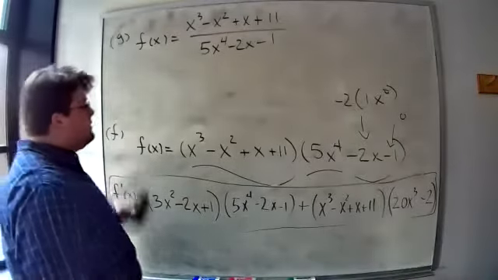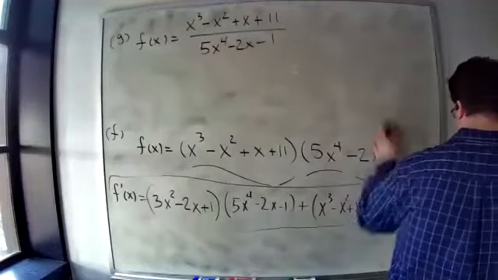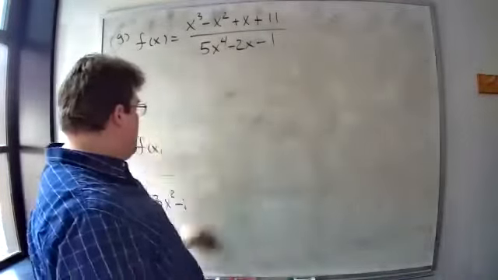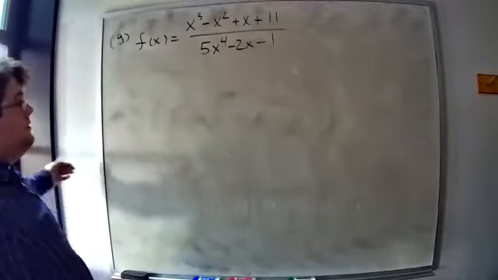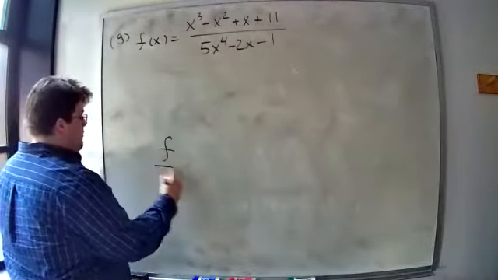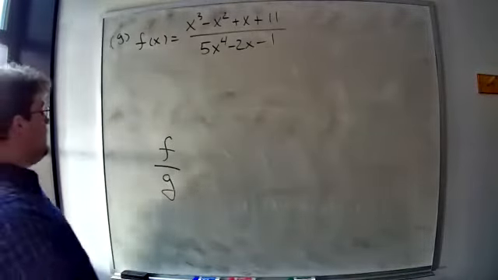Okay, part G, same function, except we're writing it as a quotient instead of a product. And just like products, we can't do the derivative of a quotient one piece at a time. Derivative of a quotient has its own rule when the denominator is defined.